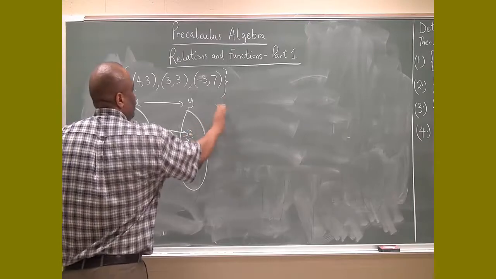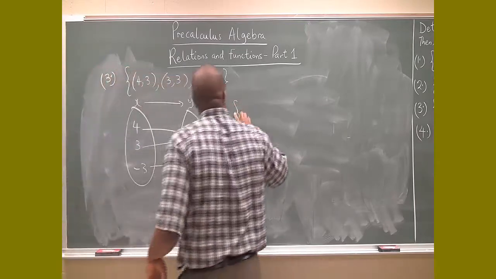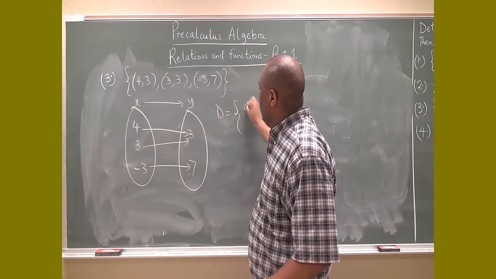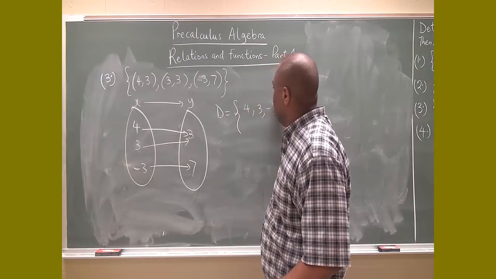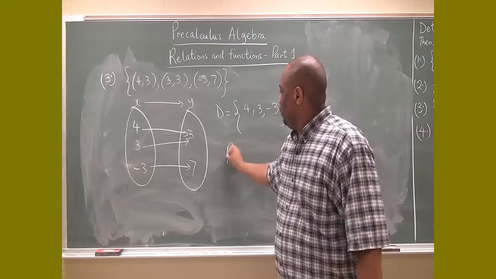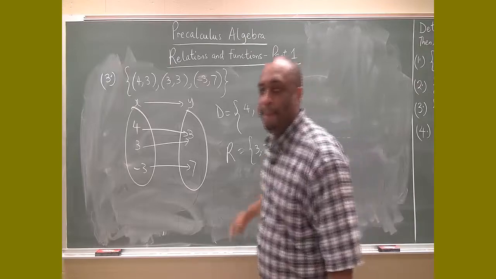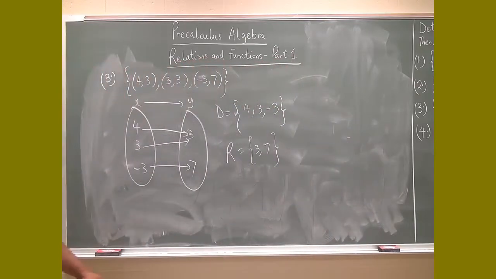So the domain will be the set of 4, 3, -3, and then the range will be the set of 3, 7. That's it. The range is the set of 3, 7.